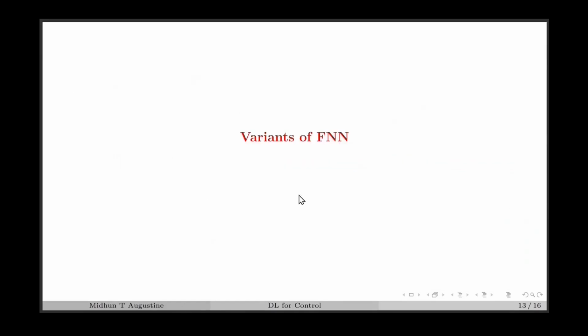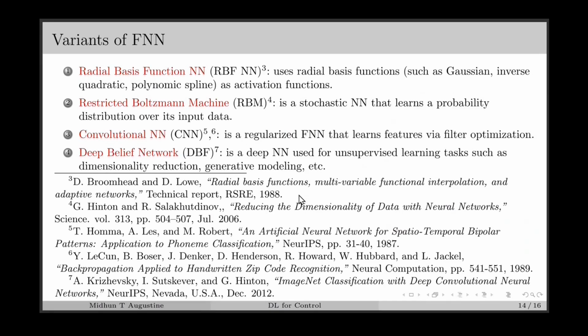Different variants of feedforward neural networks are introduced in the literature. These are RBFNN, which uses radial basis functions such as Gaussian or polynomial spline, etc., as the activation functions. The other variants are convolutional NN or CNN, which is a regularized feedforward neural network, commonly used for image processing applications.